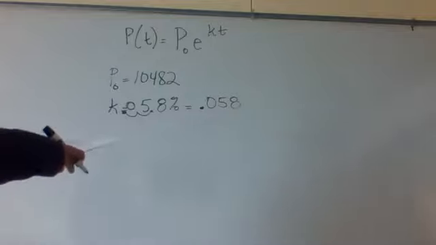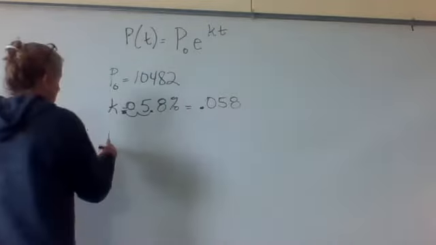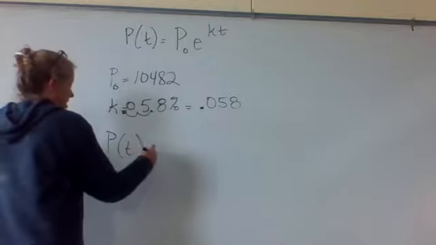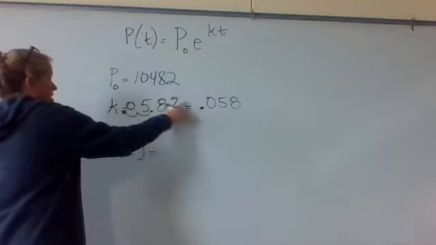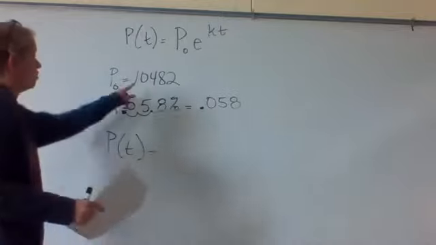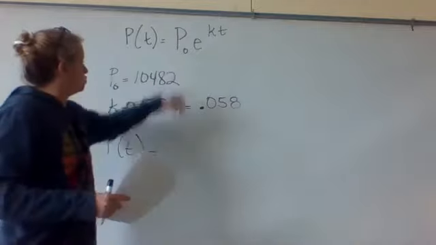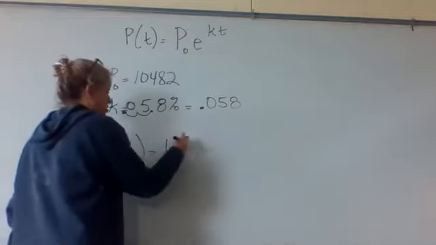So the first thing I have to do is come up with what P of T is using what we know. So the original amount goes in the first spot: 10,482.